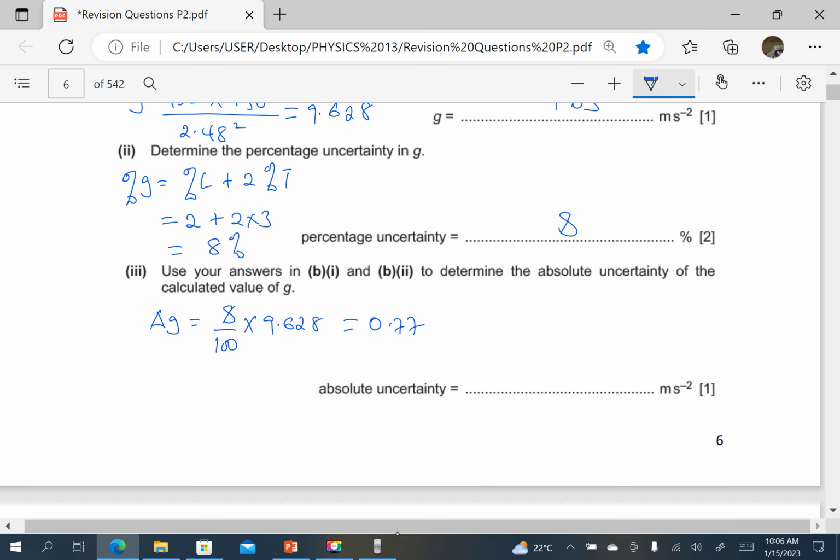Since we don't need to use it for writing, I can write 0.77 or 0.8, because remember, the absolute uncertainty is good enough to one significant figure. However, if the next part wanted us to write g with the uncertainty, we would write g as 9.6 plus or minus 0.8, not 0.77 in this case.